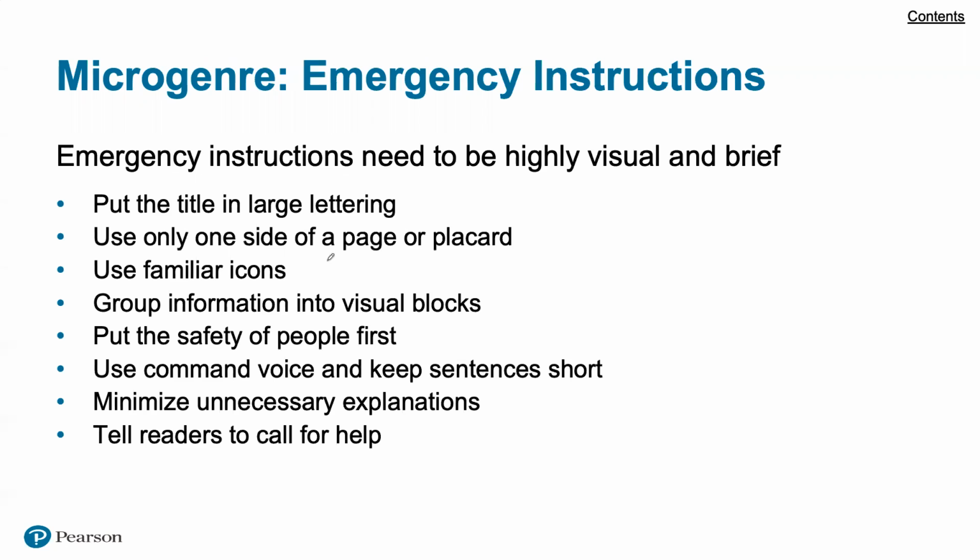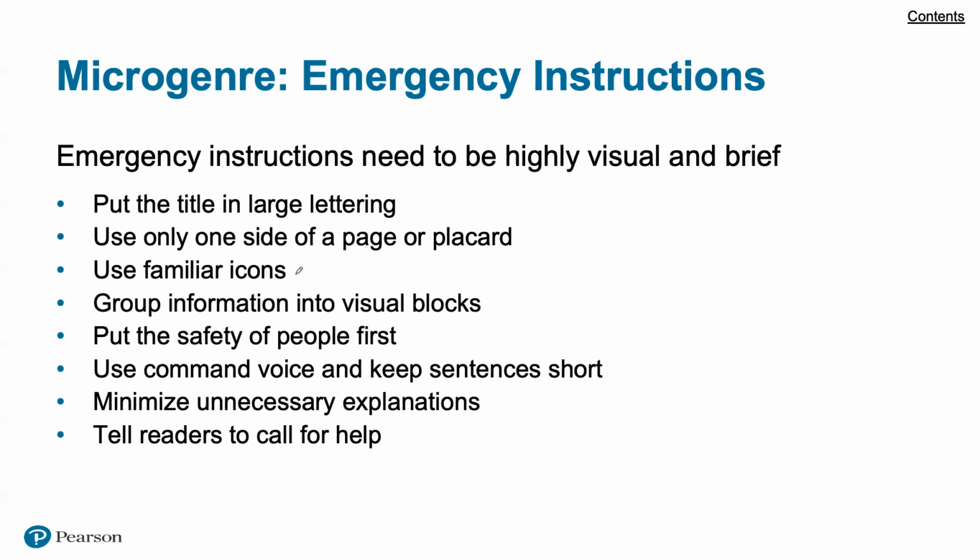Things that we might be quite familiar with and that would be straightforward may not be interpreted that way by others. And then for the micro genre, emergency instructions, things that have all these warnings, cautions, and so on, you want to make sure these are clearly conveyed in a transcultural arena. So put the title in large lettering, use only one side of a page or placard.